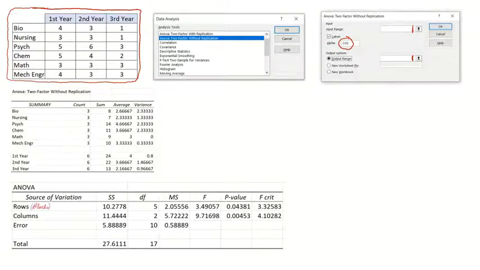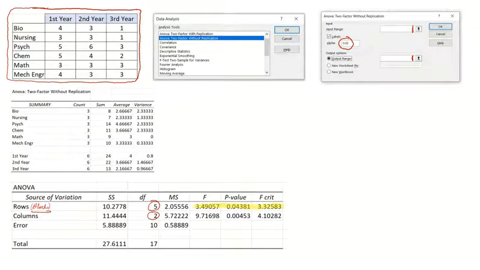Excel uses the term rows here, but that's really also our blocks. If you notice, the degrees of freedom for our rows or blocks is 6 rows minus 1, so we have 5. And for the columns, we have 3 minus 1, or 2 degrees of freedom.